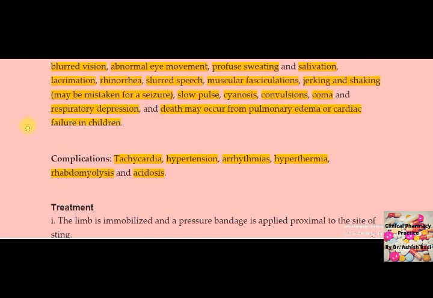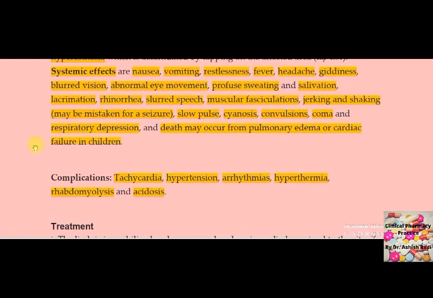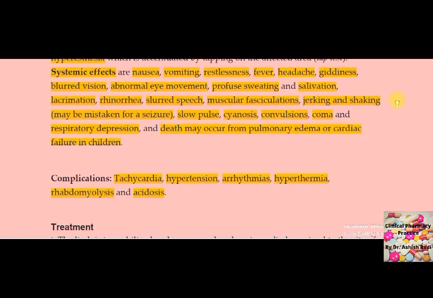Now, the complications are tachycardia, hypertension, arrhythmias, hyperthermia, rhabdomyolysis, which will cause nephrotoxicity, and afterwards acidosis, which will also cause nephrotoxicity. So remember these complication features first. Tachycardia, hypertension, arrhythmias, hyperthermia, rhabdomyolysis, acidosis.